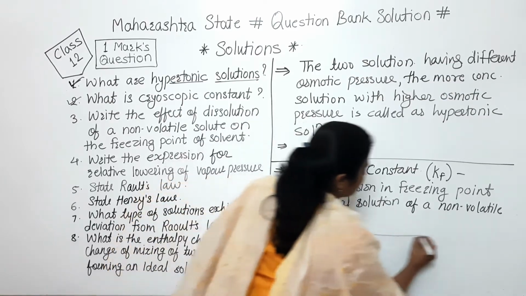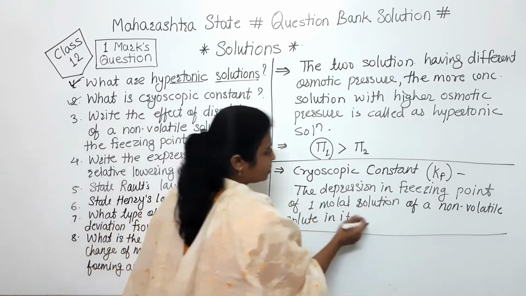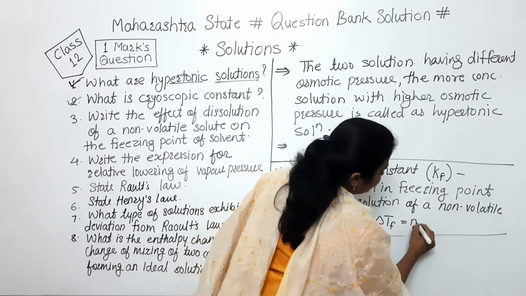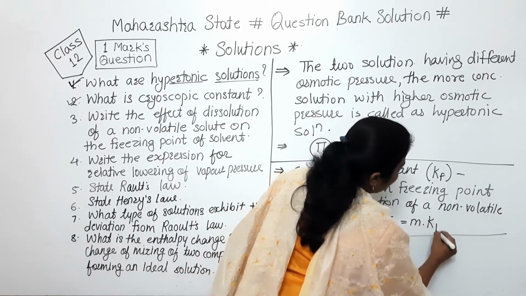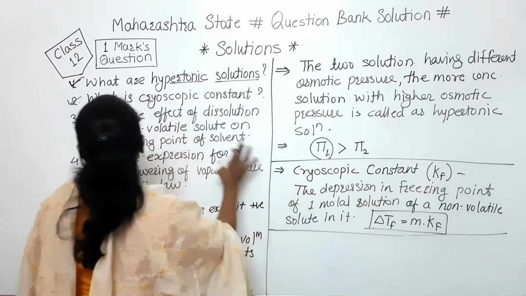So this is the answer for this second question, cryoscopic constant. If we consider the second point, we can write that delta Tf is equal to molality into Kf. So this is the answer for the second question.